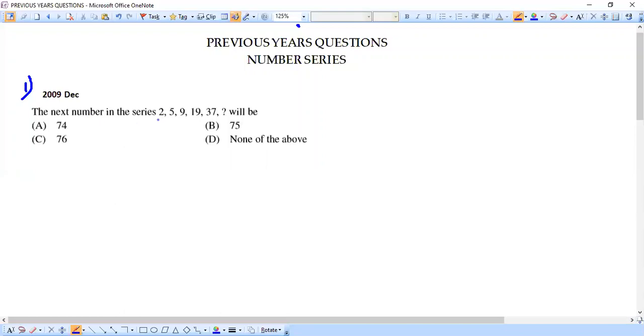Let me write the numbers here: 2, 5, 9, 19, 37, and a question mark. That means we need to find what number will come in the place of the question mark.